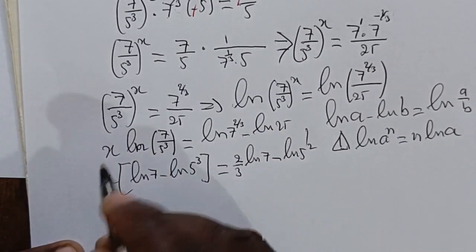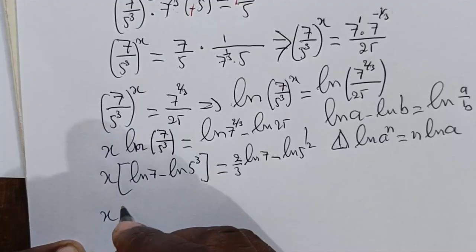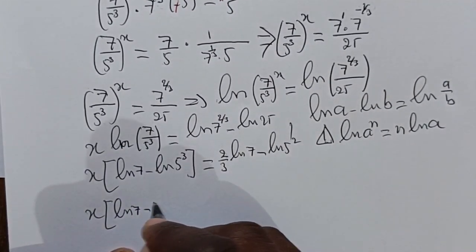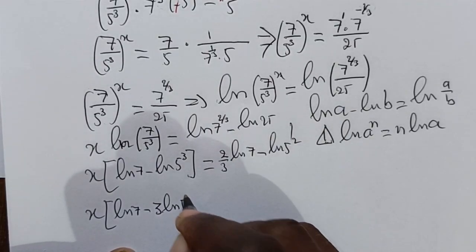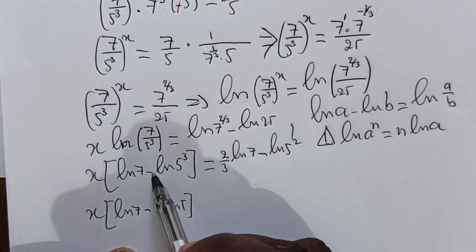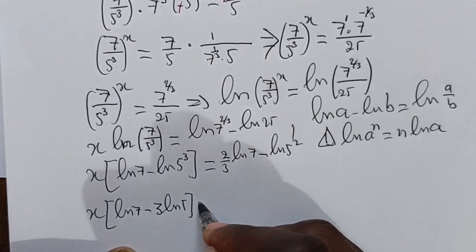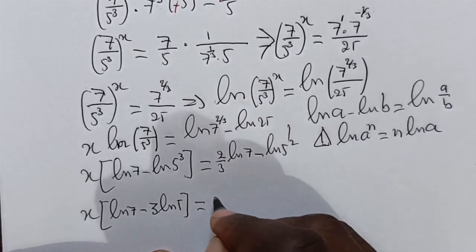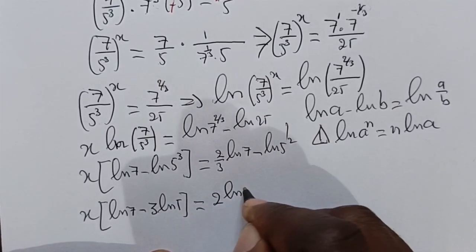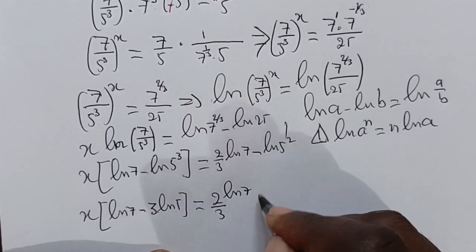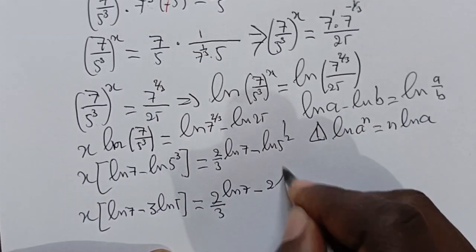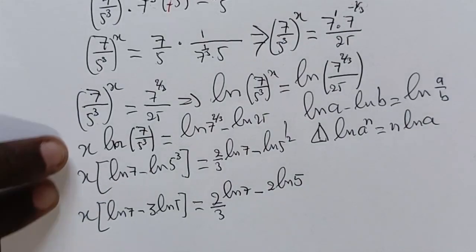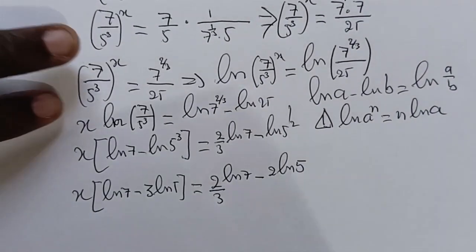Now, here we have x into the natural log of 7 minus 3 times the natural log of 5, bringing these 3 down here, this is equal to 2 natural log of 7 over 3 minus 2 times the natural log of 5. Hope you are getting the point right here.